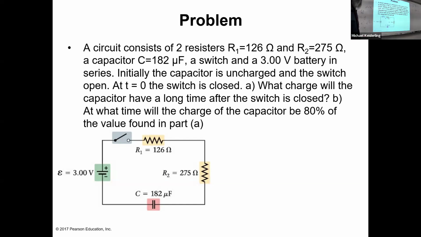So the relevant equation here is that Q as a function of t is capacitance times voltage times 1 minus e to the minus t over tau, where tau, the time constant, is RC.